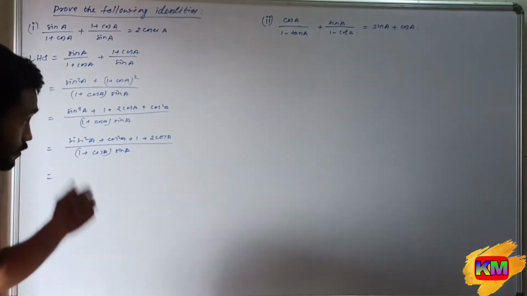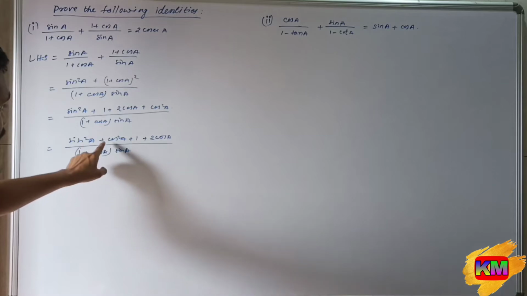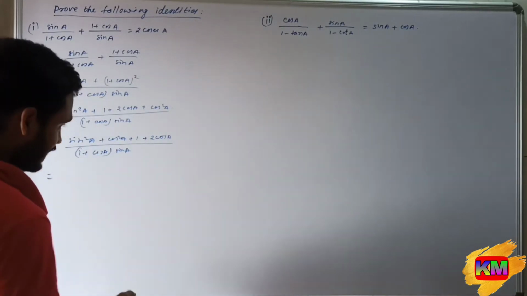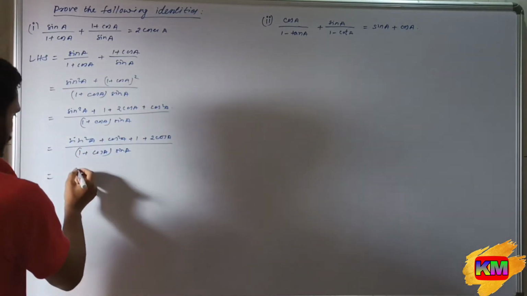Okay, so now we know that sin square A plus cos square A equals 1, and this is the fundamental trigonometrical identity. So we can use 1 here.